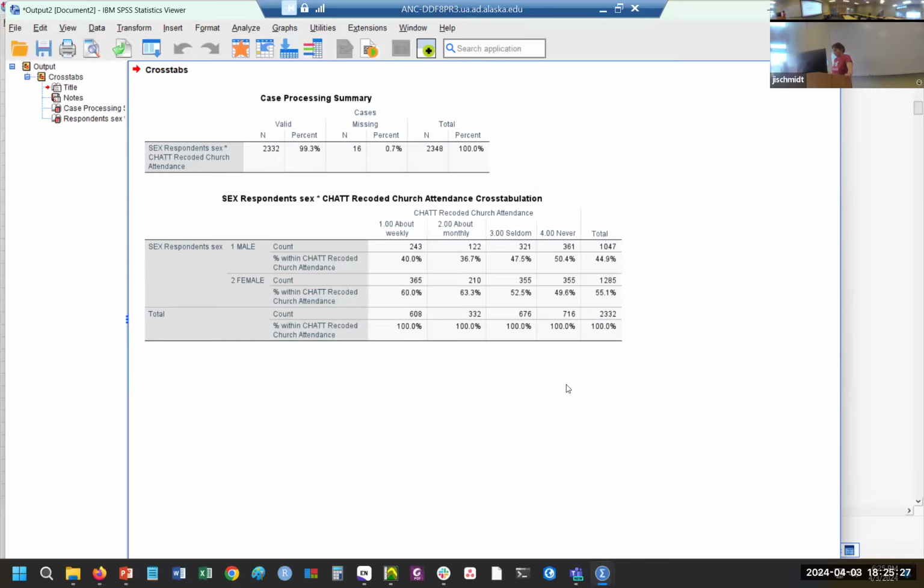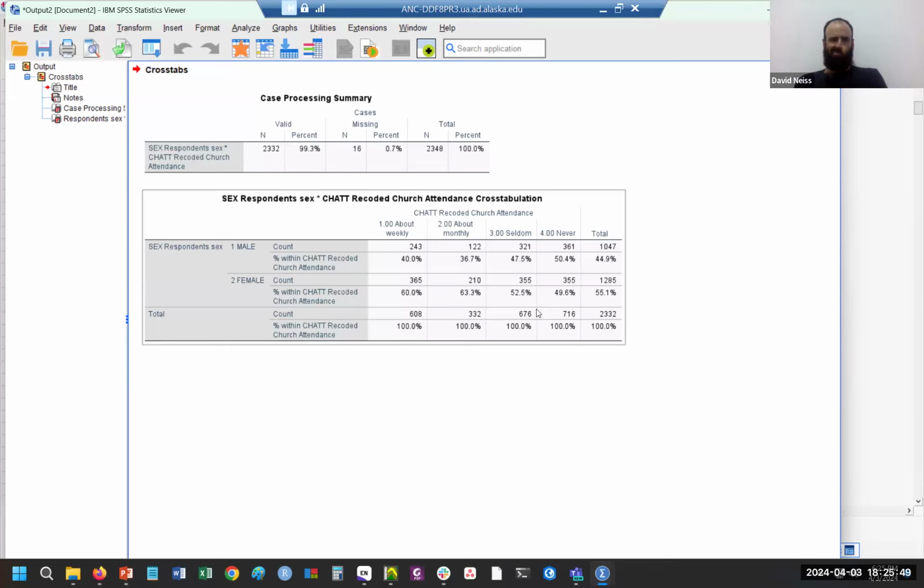Your columns are supposed to be your independent and the rows are supposed to be your dependent. Like X and Y. So your columns would be your independent, your X, and the dependent is your Y, which is your row. Cool, thank you.